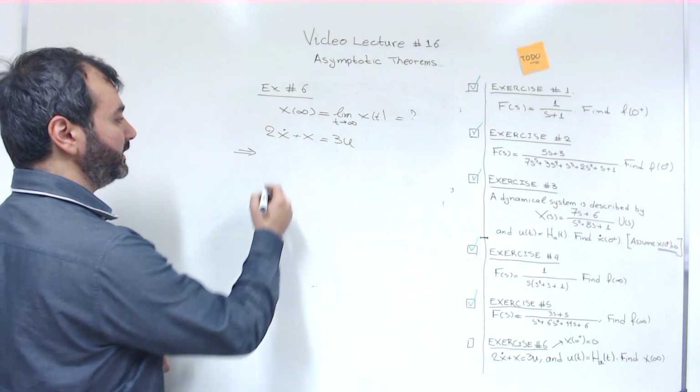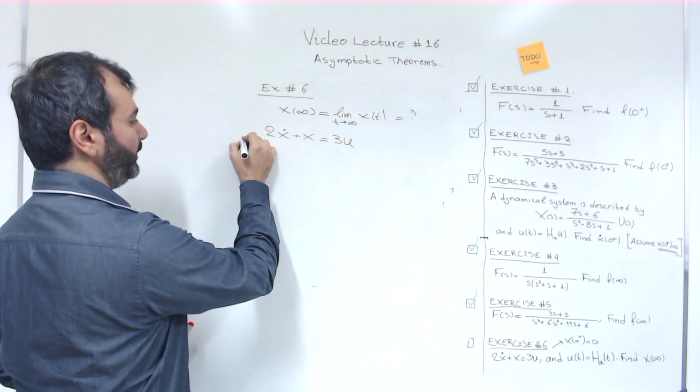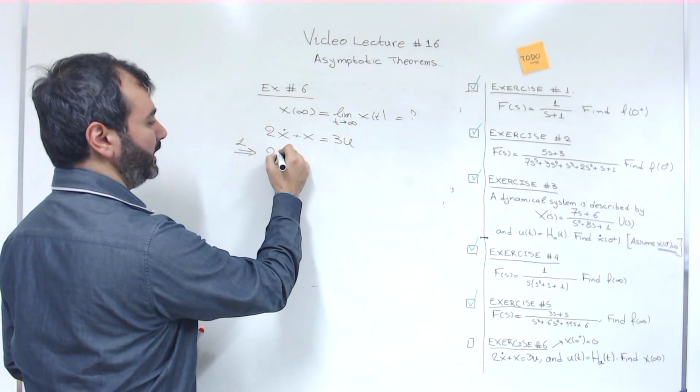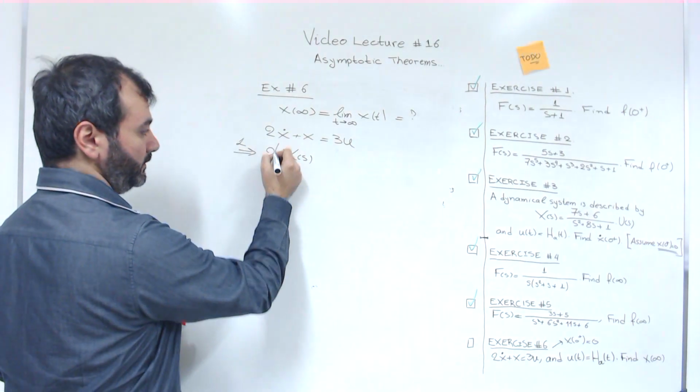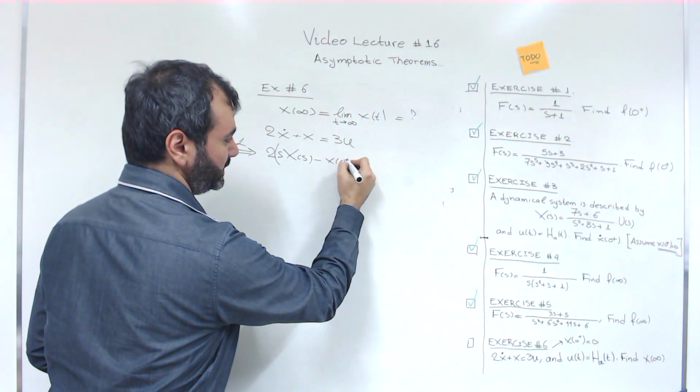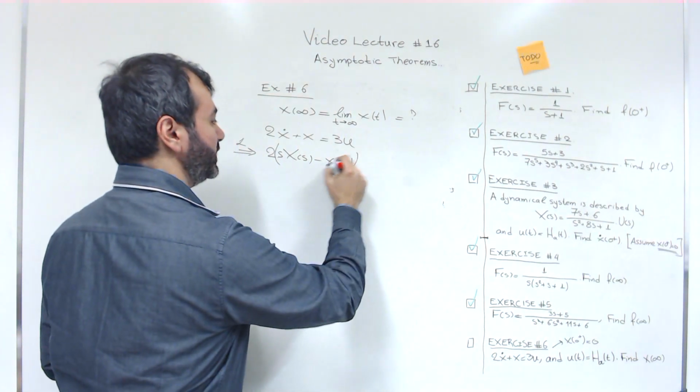We need that here. If we apply the Laplace transform, we have 2 times s times X of s. It is actually minus x at 0 plus, but we said that this is equal to 0.